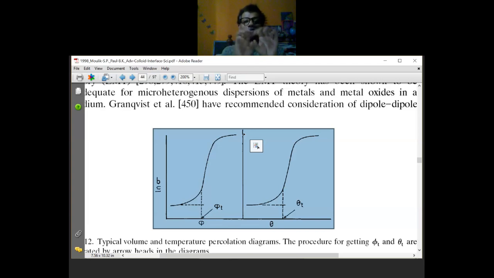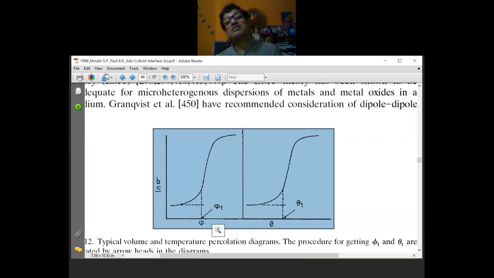So if the particle sizes are bigger, the probability of coming in contact of one particle with the other would increase, and after the threshold value, the probability would significantly increase or get enhanced, and the electrical conductance would increase significantly. So that is why you see the logarithm scale, meaning manifold, 100 to 1000 times increase. So this is called volume induced percolation.